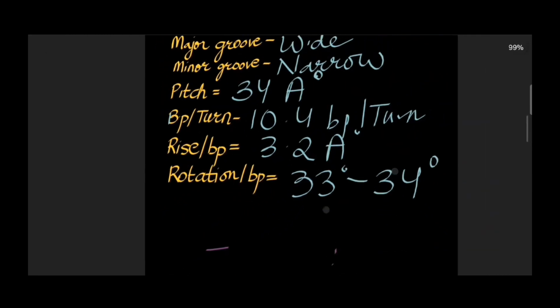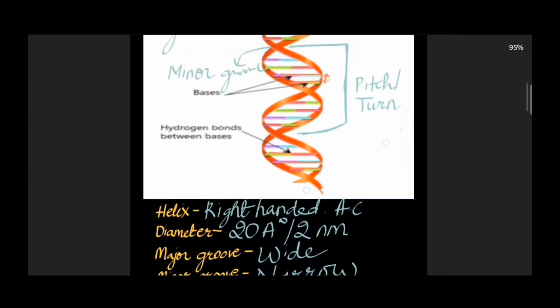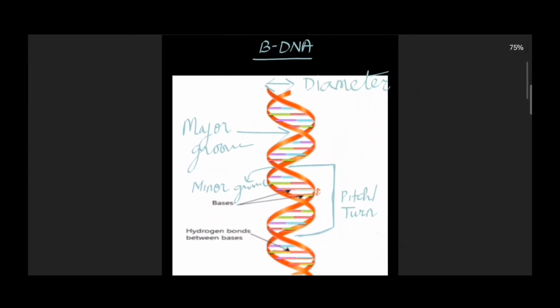So this is the B-DNA. This is commonly found in the human genome, and the diameter is 20 angstrom. There is a major groove and a minor groove. The major groove is wider, the minor groove is narrower. The pitch is that one turn, and in one pitch there are almost 10.4 base pairs present. And then there is also the distance between two consecutive base pairs, that is called the rise per base pair.